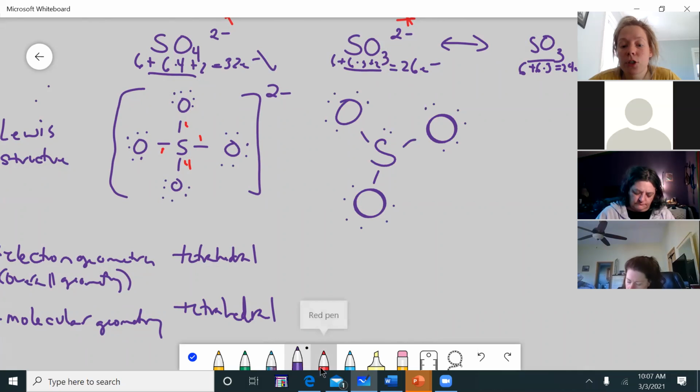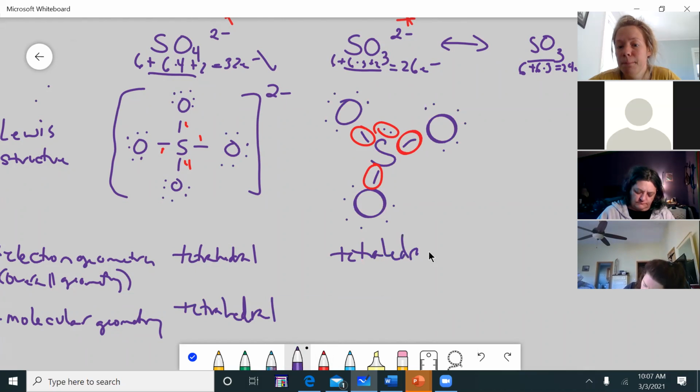So as far as our electron groups are concerned, for our electron geometry, I have 1, 2, 3, and 4. So what is the electron geometry on this? It's also tetrahedral. The difference here, though, is that here, every rope had a partner.